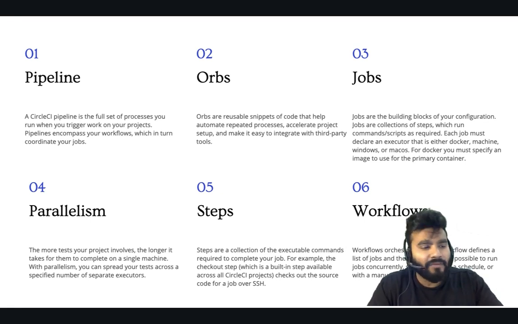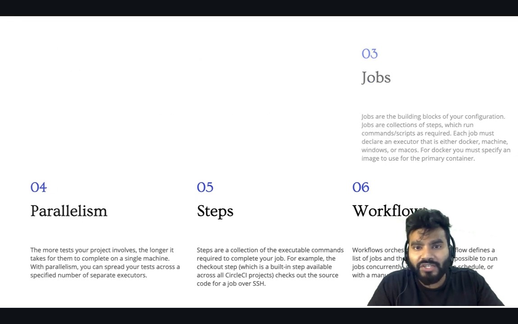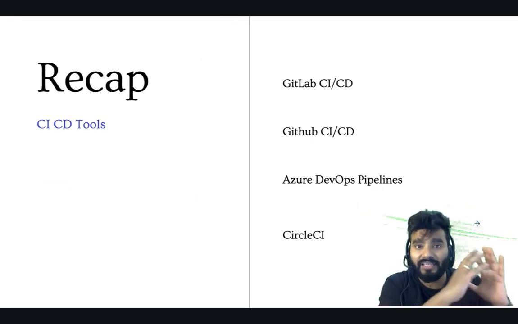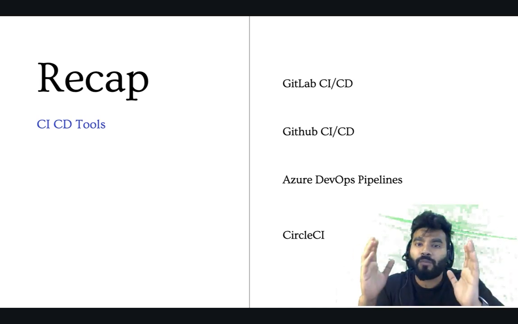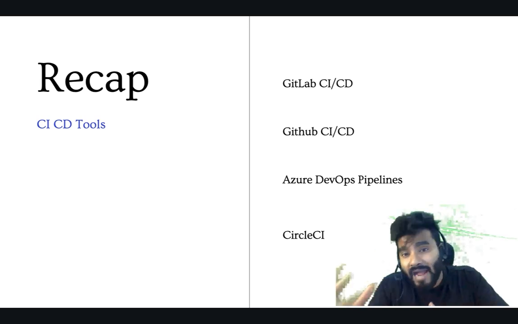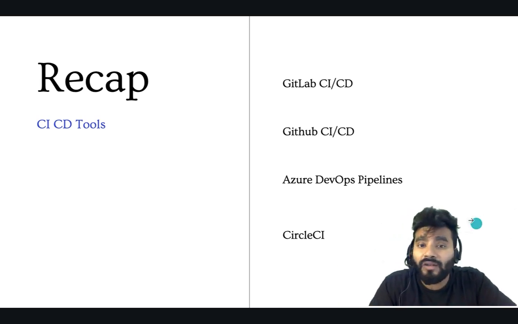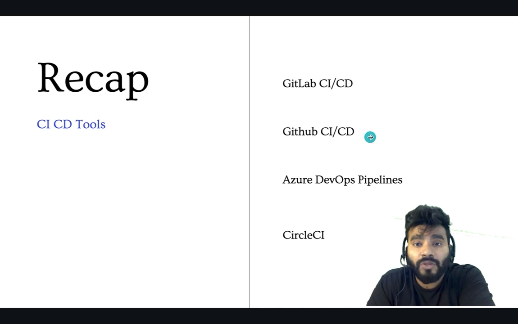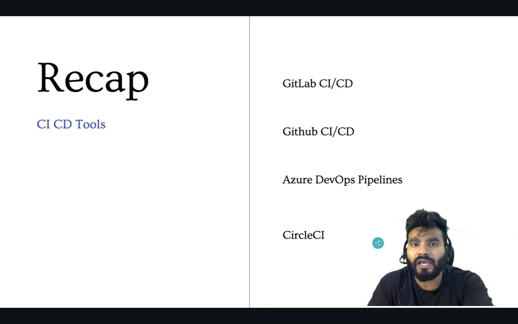Pretty much all. That brings me to the end of the session, and in terms of recap, we spoke about what CI/CD is. Then we spoke about what GitLab is, how it has evolved over time, what GitHub Actions is, and how GitLab is integrated with different products, and then GitHub CI/CD as well, which is GitHub Actions. Then the Azure DevOps pipeline, and then CircleCI.